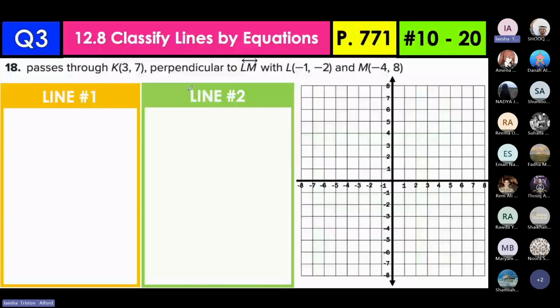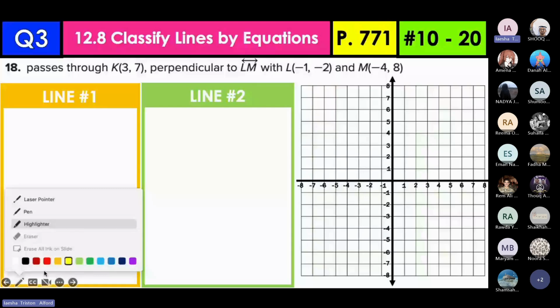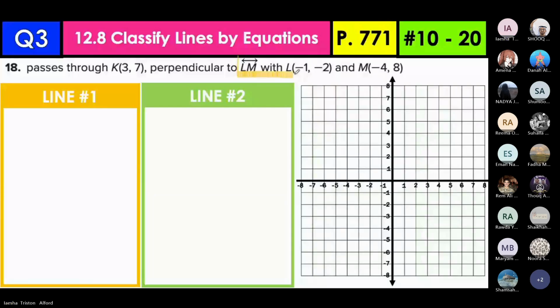It's the same thing, 18. We have to make the first line, the yellow line. We're going to use LM. How do I know to use LM? We have 2 points here. To make a line, I need 2 points. So I have to use this one because they give me 2.